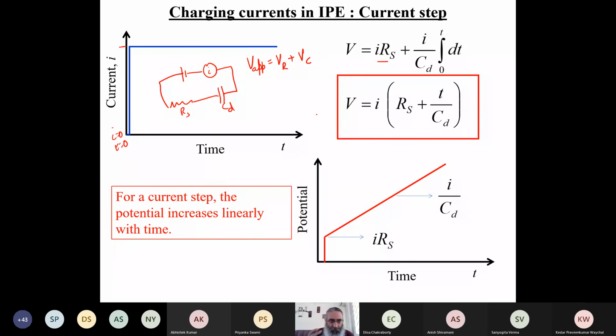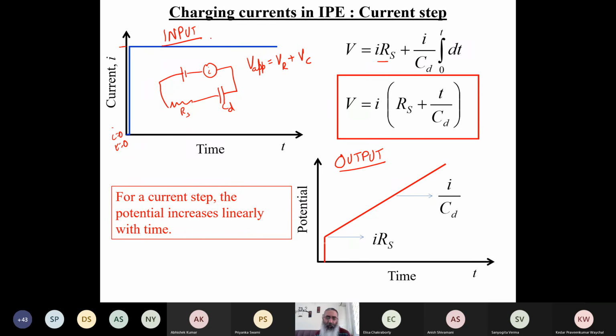Remember, when we apply current as an input, we look at the voltage as the output. So this is the input given into the system, the perturbation done to the system. The output, which is what we study as the response of the system in terms of its potential with respect to time, is given by V equal to I RS plus I t by CD.